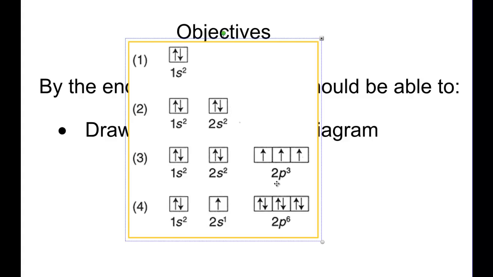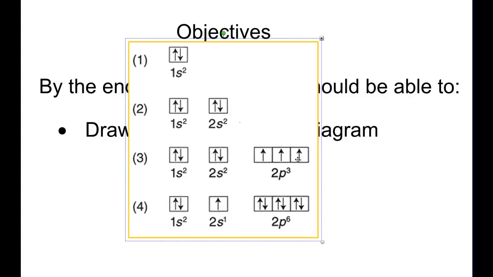And finally, we have 3 boxes because p orbitals can have 3 separate orbitals. Remember, they've got the one in the x direction, one in the y direction, and one in the z direction. So now, think of this as 2px, 2py, 2pz, and then you can only have 1 electron spinning in each way.